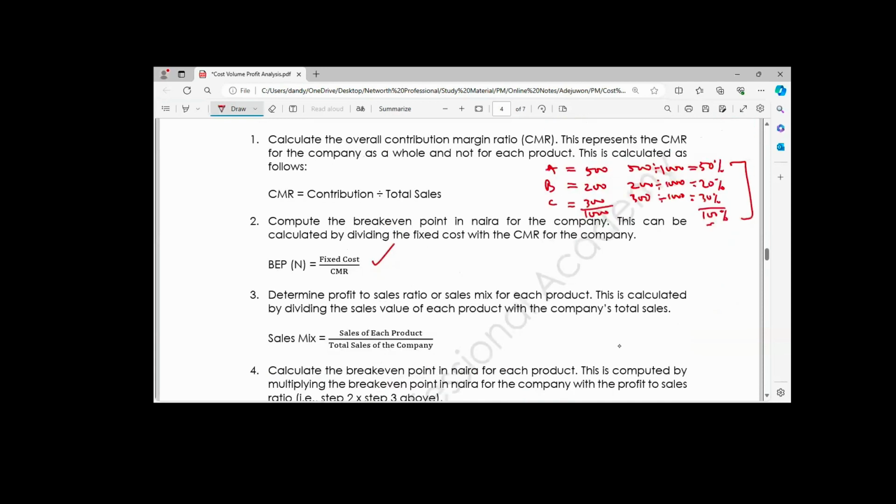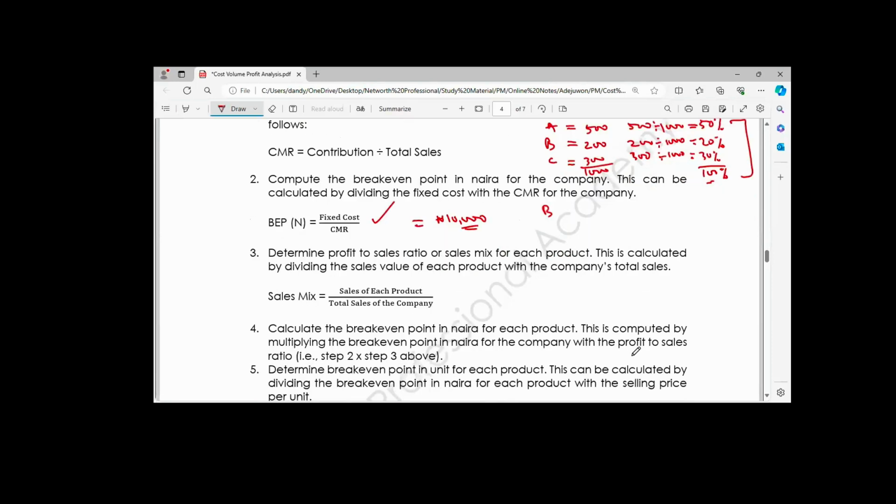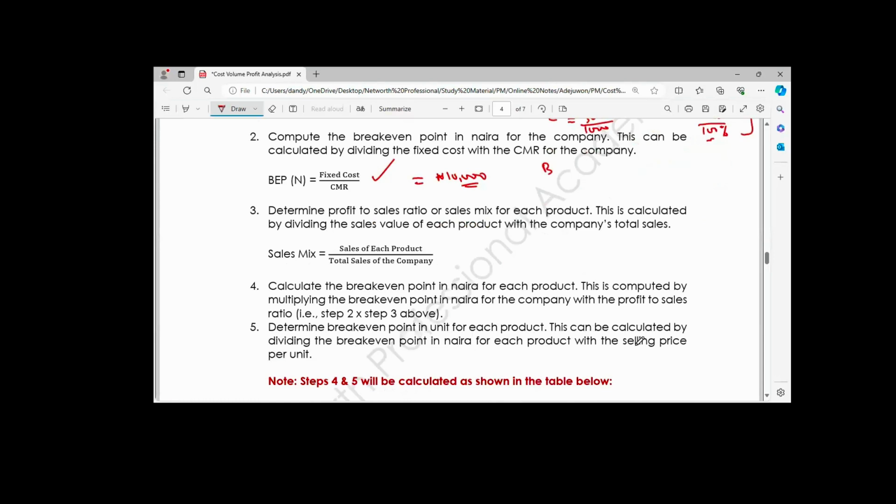Okay, for each product, you are going to pick the sales mix and the overall break-even point in step 2. The overall break-even point we calculated, say, for example, is 10,000 Naira. This is the overall break-even point in Naira. Therefore, using this hypothetical sales mix I have here, in my step 4, if I want to do for product A, I would then say 50% multiplied by 10,000 Naira.